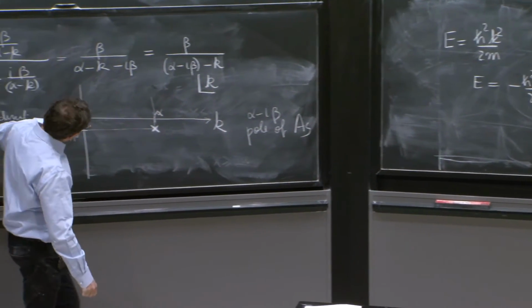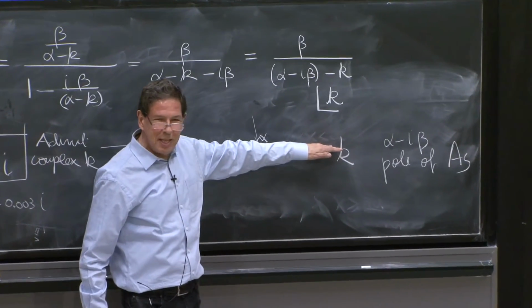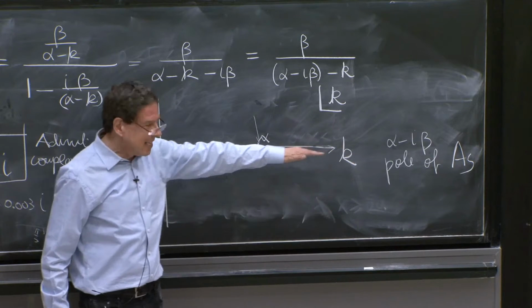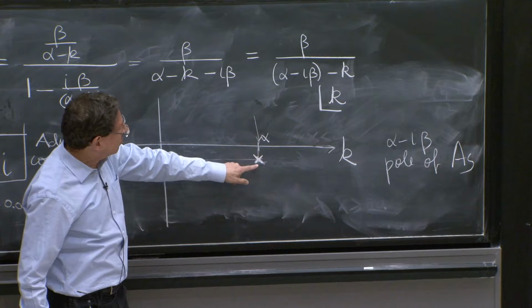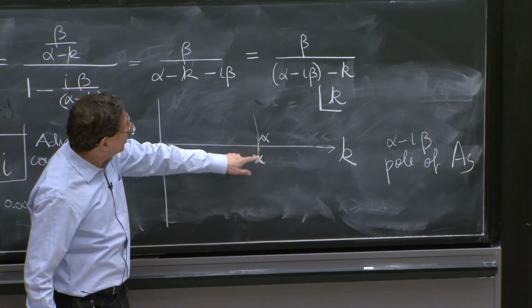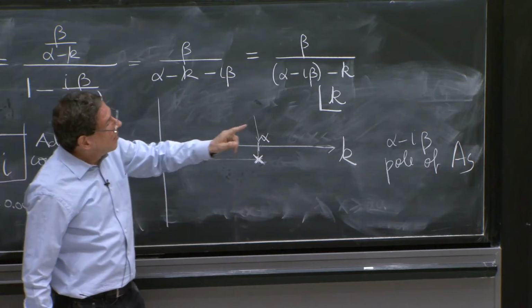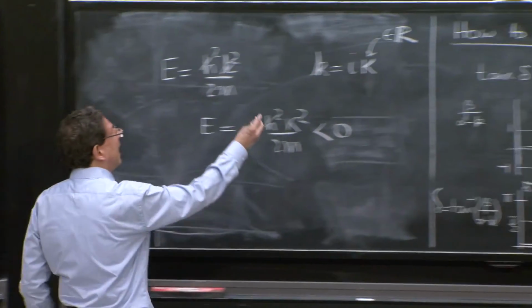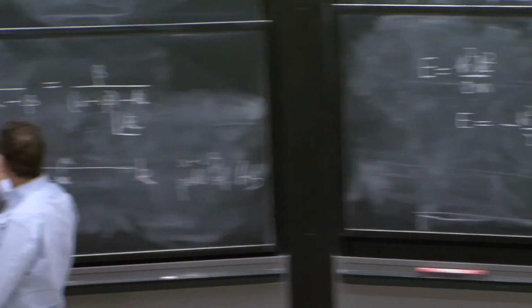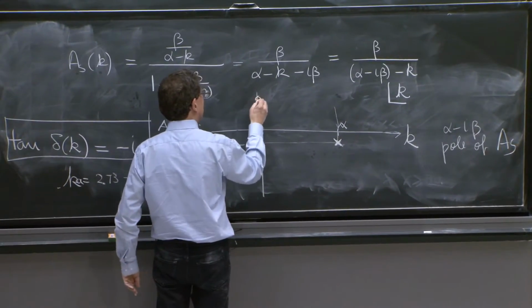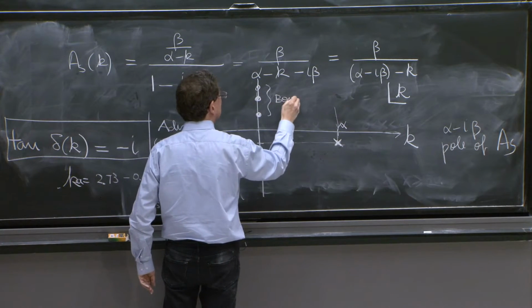So while you began with scattering solutions of real k representing your waves, now mathematically you're led to resonances understood as poles in the scattering amplitude here. We see that k's in the imaginary axis would represent bound states.